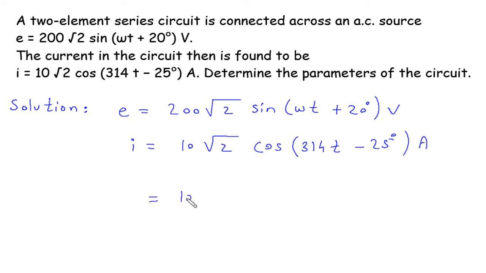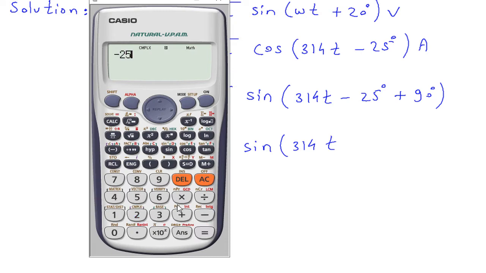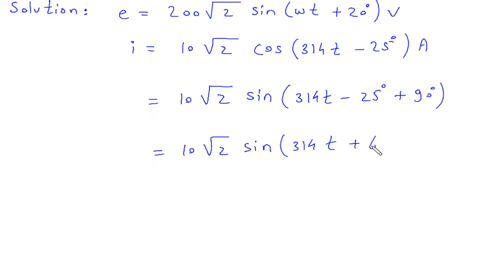So this will be 10 root 2 sine(314 t minus 25 degree plus 90 degree). So this will be 10 root 2 sine(314 t plus 65 degree) ampere, since minus 25 plus 90 is 65 degree. This is the value of current I.